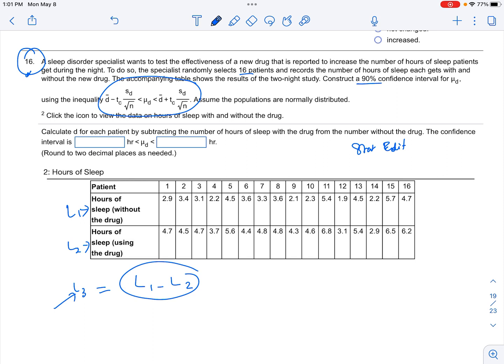All right, so everybody should have everything entered. So I'm going to go back and check. I'm checking my work just to make sure.